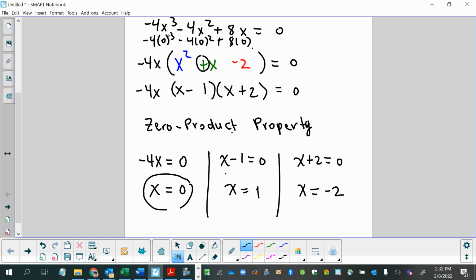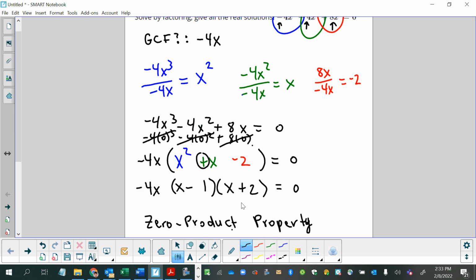Well, 0 cubed is 0, and 0 times negative 4 is 0, so that goes away. Negative 4 times 0 squared is 0, and 8 times 0 is also 0. So the whole left side turns out to be 0. So I get 0 equals 0, which is true, right? And you'd want to do that also for x equals 1 and x equals negative 2 so that you'd be confident that your answer is correct.